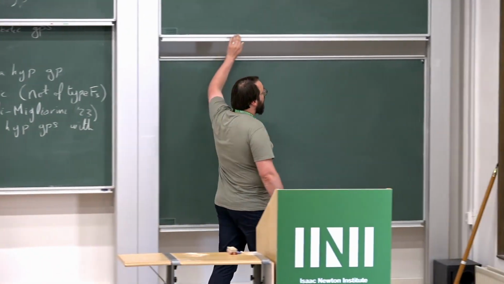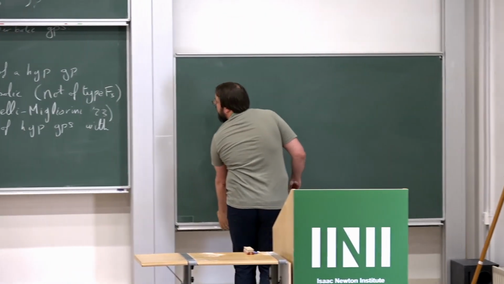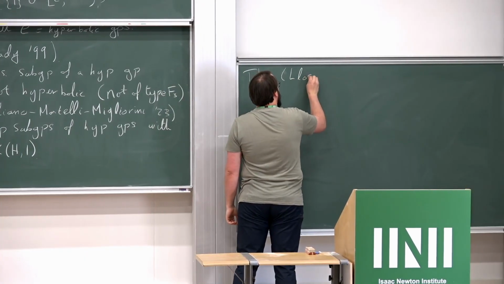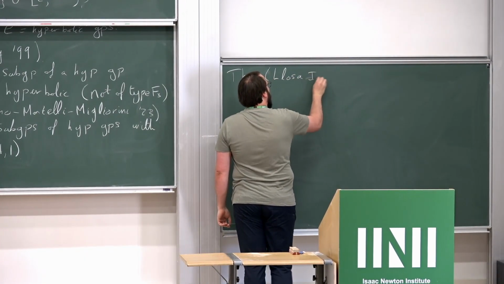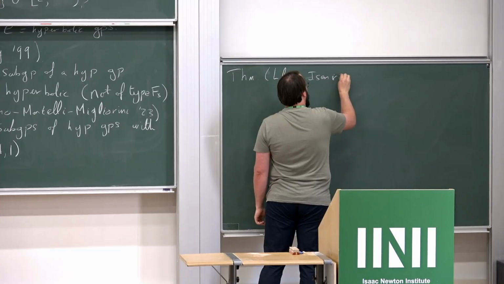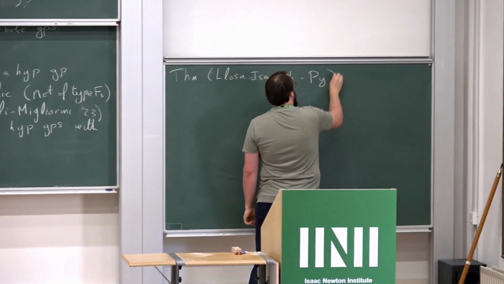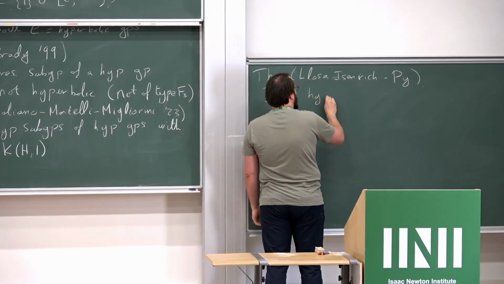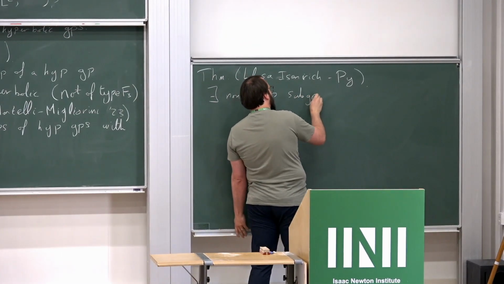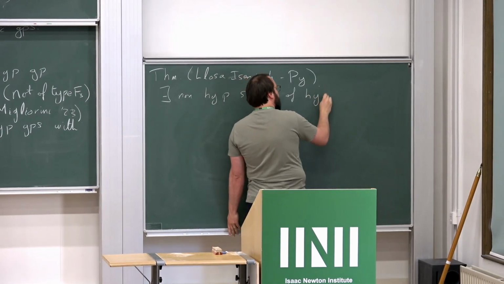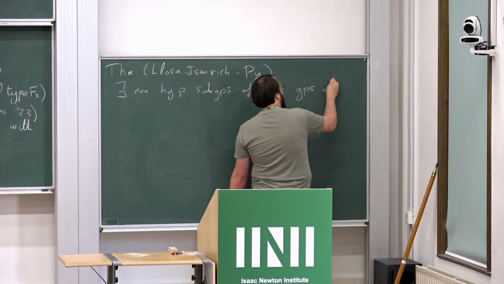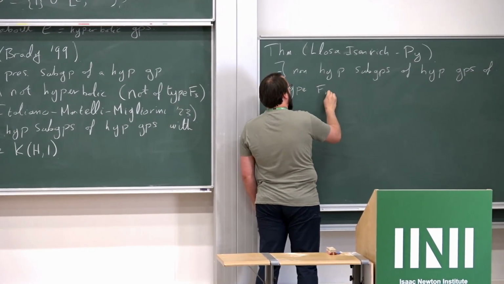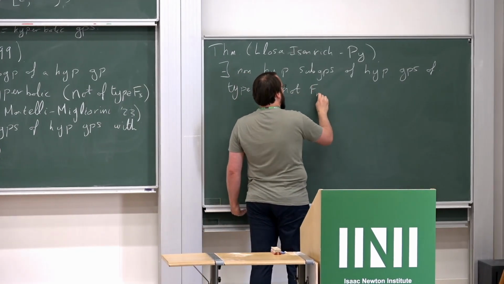Right, and even more recently than that, it's the theorem of Claudio Eisenrich and Pierre P, that there exist non-hyperbolic subgroups of hyperbolic groups of type Fn, not Fn+1.